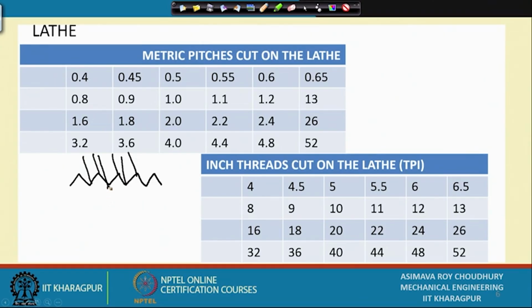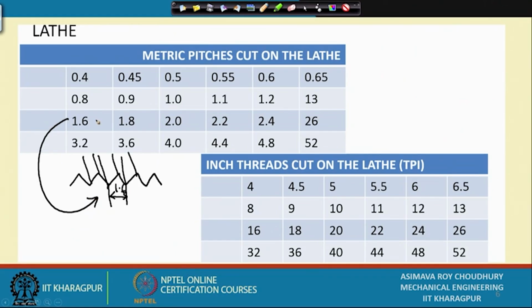If you want this to be say 1.6, they will say set up the gears in a particular manner which I have not shown up till now, and you will get 1.6 pitch.